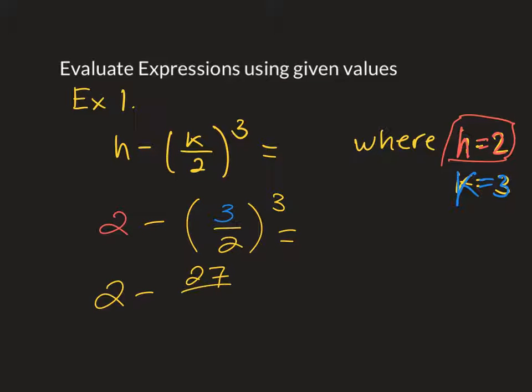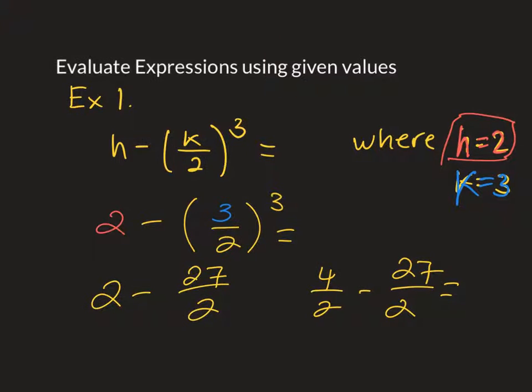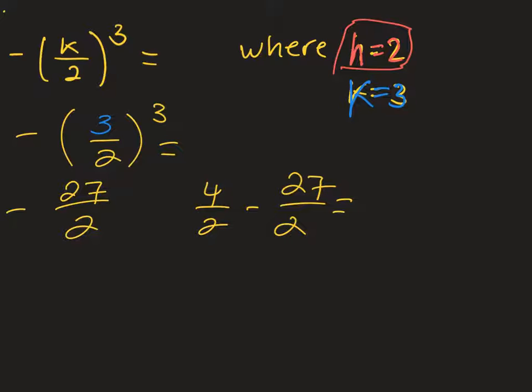27 over 2. Okay, and 4 over 2 minus 27 over 2, right? I changed the fraction here. You're going to get 4 divided by 2 minus 27 divided by 2. You get 4 minus 27, or 27 minus 4, and you just take the negative. It'll be negative, right, because 27 is bigger than 4.